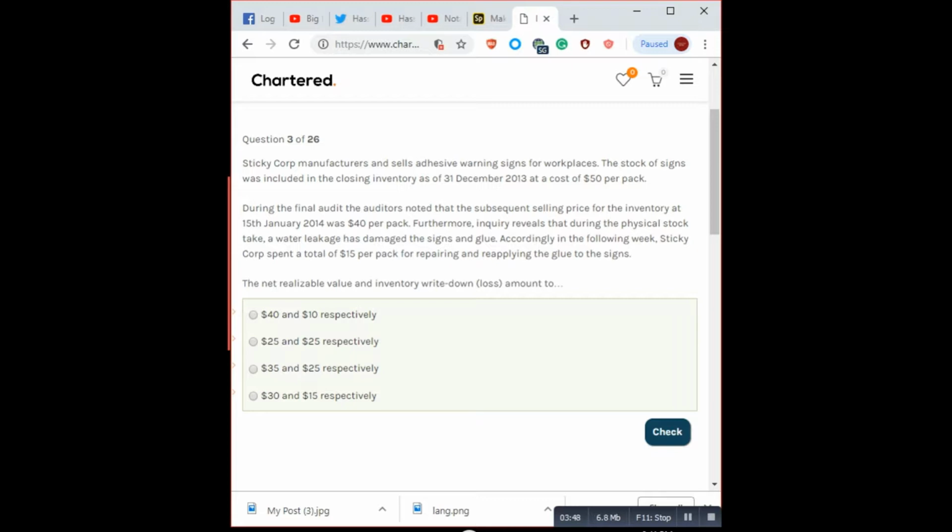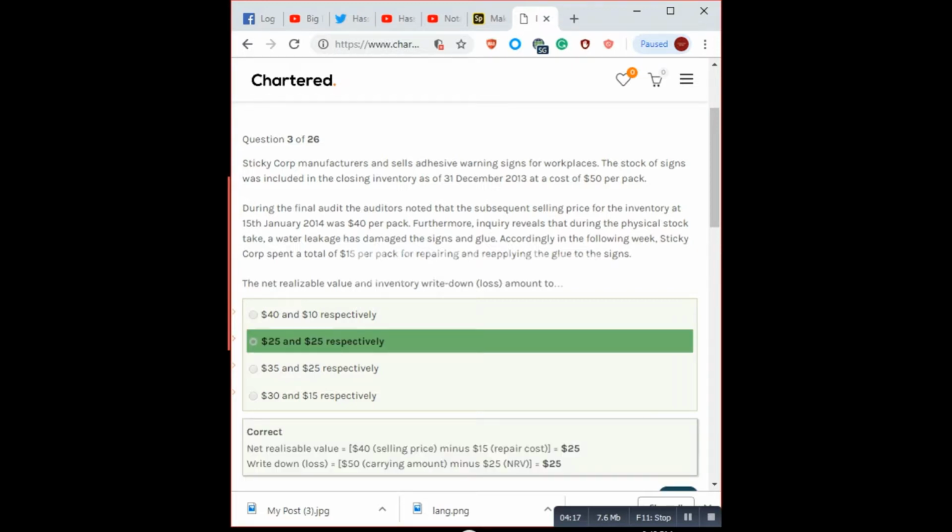The inventory write-down would be 50 minus 25, so it would be 25 and 25 respectively. That would be the correct answer. Net realizable value: 40 selling price minus 15 repair cost is 25. Write-down is 50 carrying amount minus 25 NRV, which is 25. So that is the correct answer.